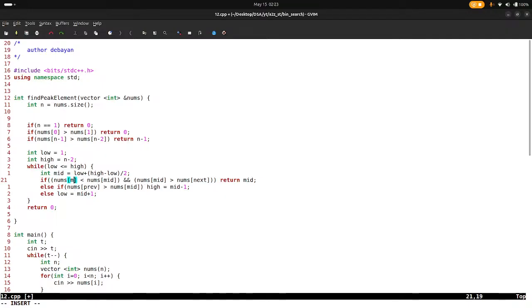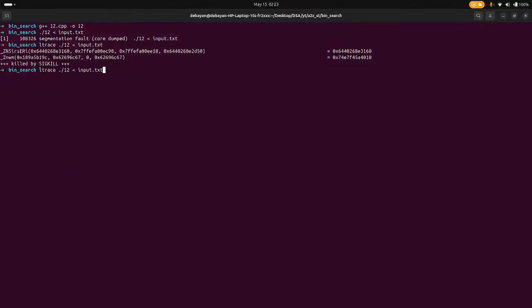And here write mid minus 1, plus 1, mid minus 1. And let me see now, did it go through or not? No.